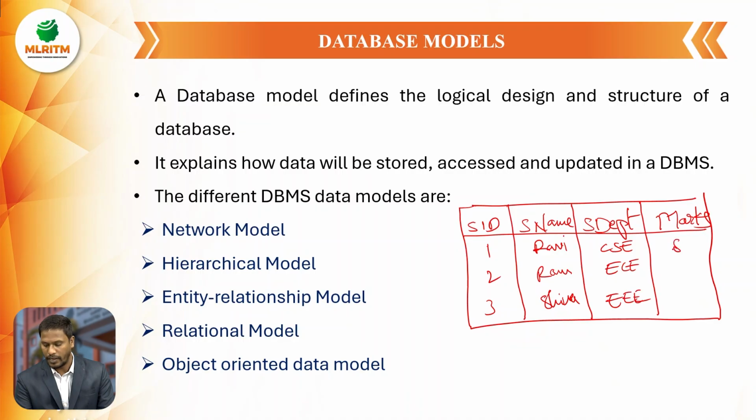Marks 70, 85, 90, 75. Okay. We are arranging some rows and columns, arranging our data in some logical format. Means structuring. Making the structure of the data is called a database model.